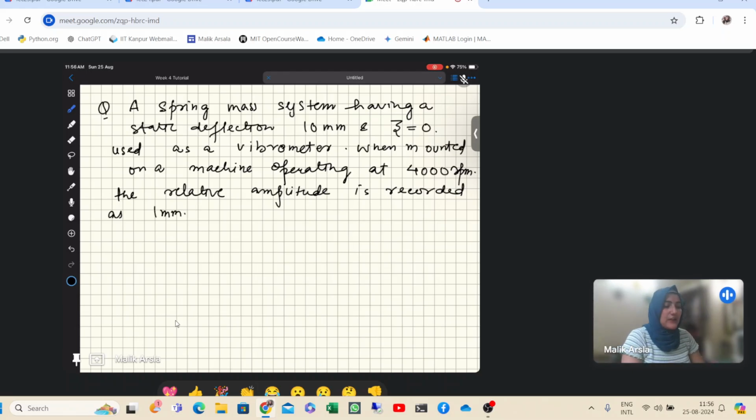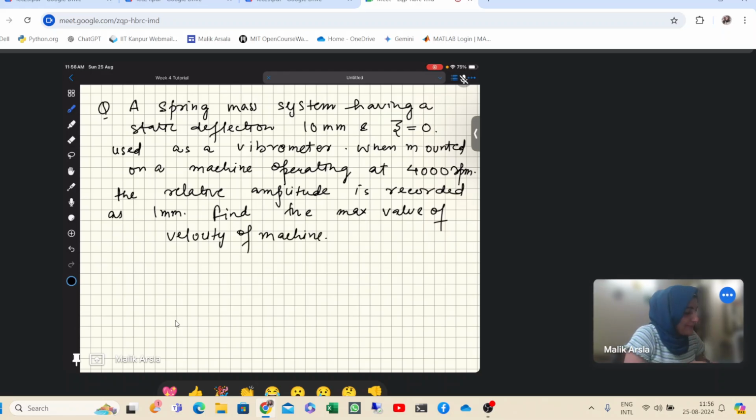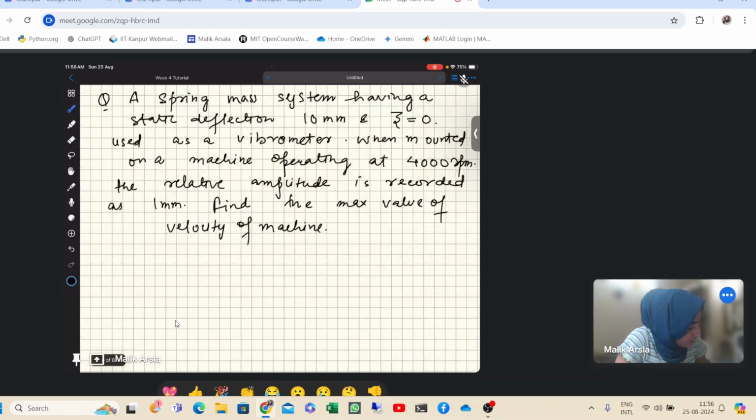Find the maximum value of velocity of the machine. Okay, I've explained the question. So I'll quickly go through the solution as well.